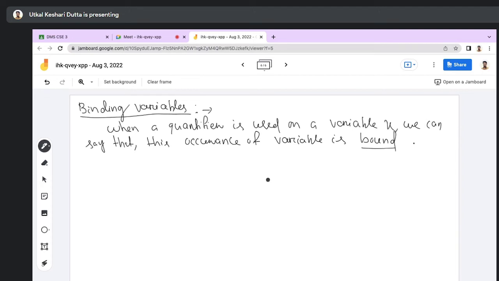That means when we are using for all x, there exists x, after a quantifier a variable is used. So those variables are called bound variables. Those variables used after a quantifier are called bound variables.